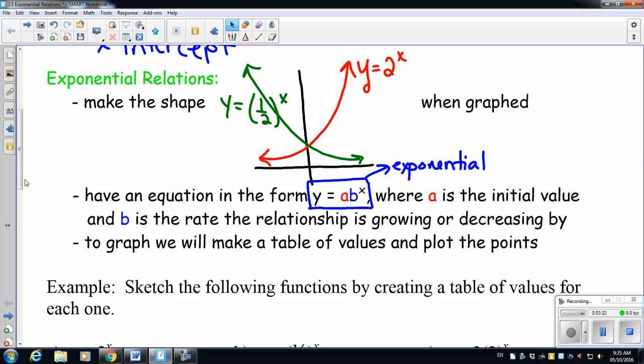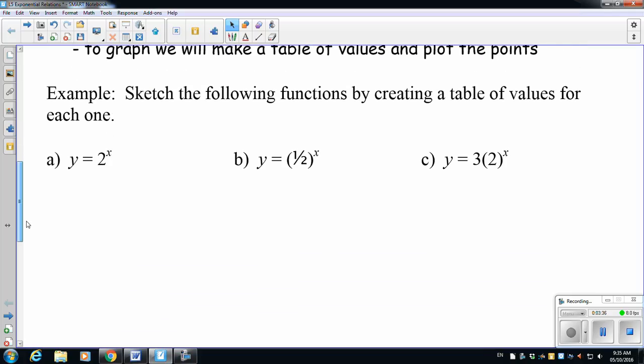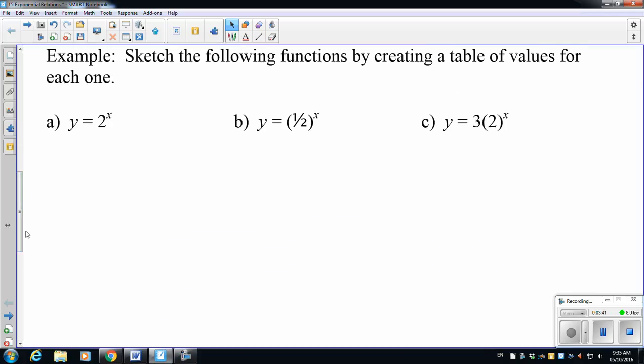To graph, one of the things we can do so that we don't rely on technology is to make a table of values and then plot those points. You should have practiced with points when you were reviewing the linear graphs on Desmos. So if I want to make a table of values, if you played around on Desmos, you probably found the table of values there as well that every equation creates.